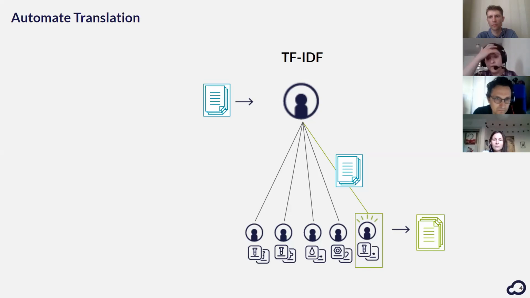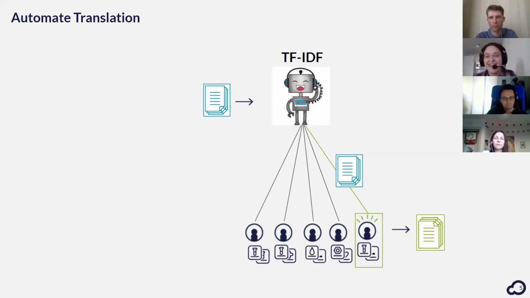And quickly, we decided that this would be a nice spot to inject some automation. And so we added this layer of using this TF-IDF algorithm to take a match between the content of the document to be translated and the previous documents that each translator had translated in the past.